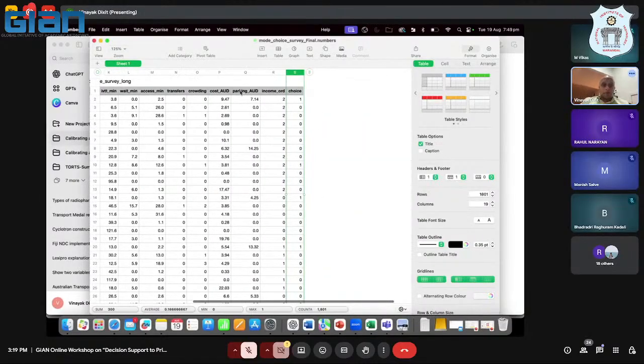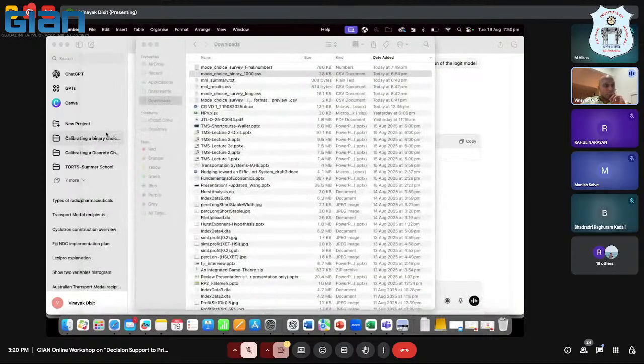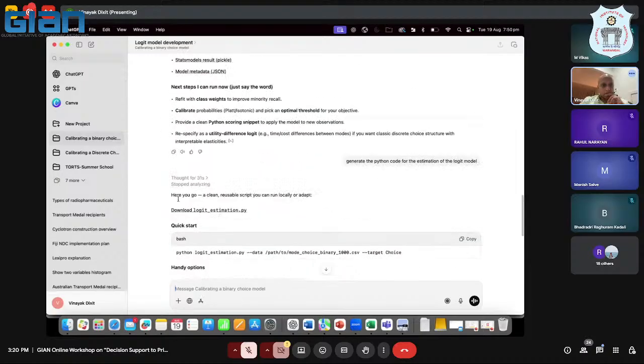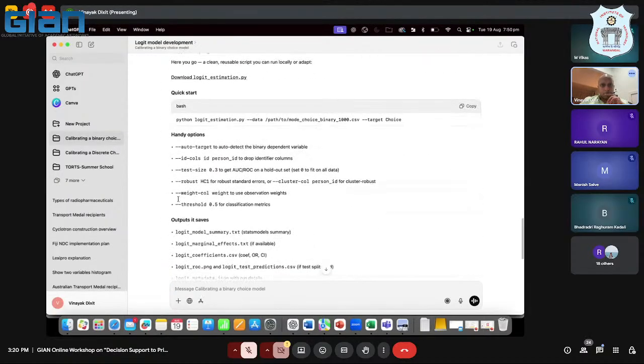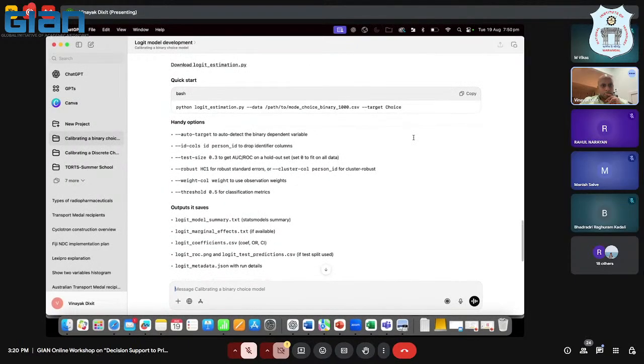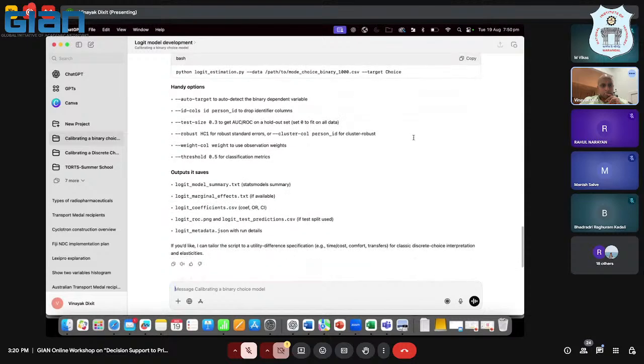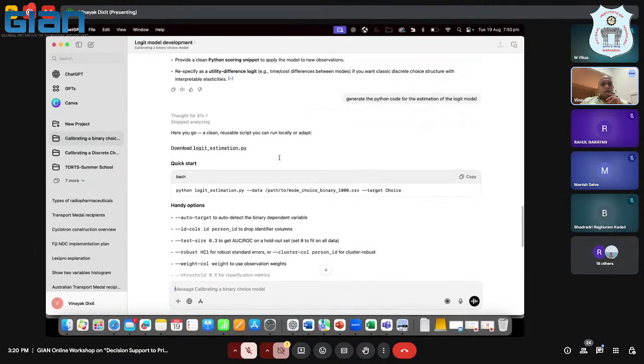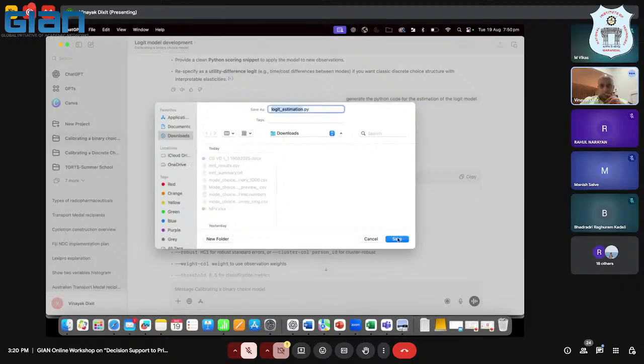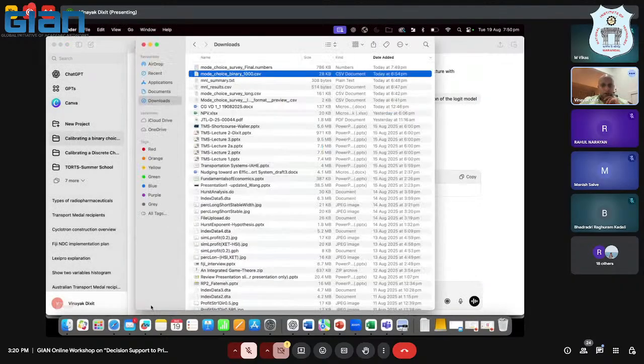Okay. Now I have to again create that. Create the multinomial choice model, right? So we'll do a similar step. Let's hope this time it works. Let's open this. It created a lot of Python code for that.